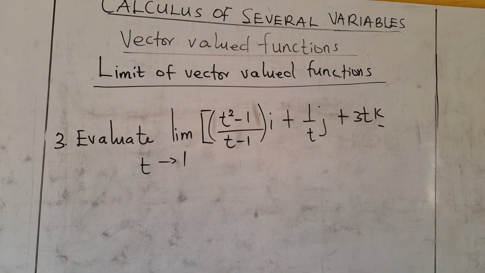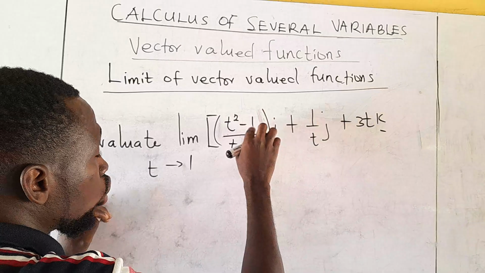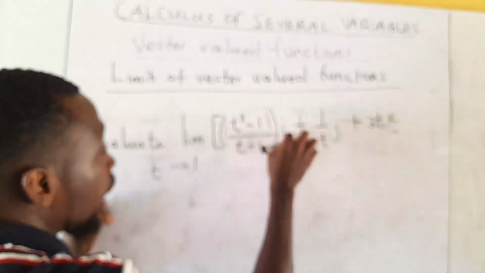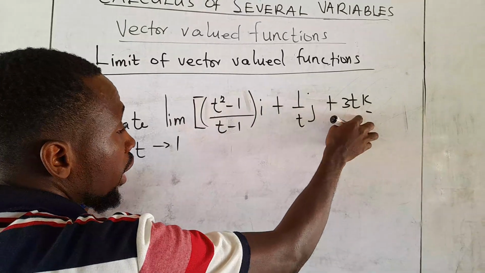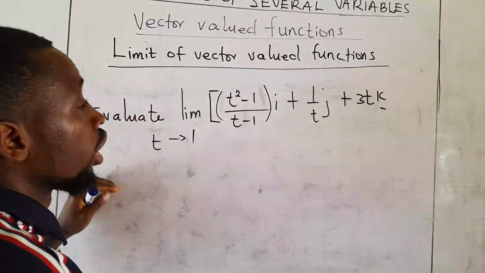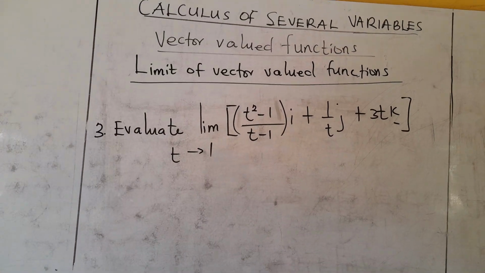So let's look at our third example on this. They say we should evaluate the limit of t squared minus 1 all over t minus 1 in the direction of i plus 1 over t in the direction of j plus 3t in the direction of k as t approaches 1. So how do we solve that?